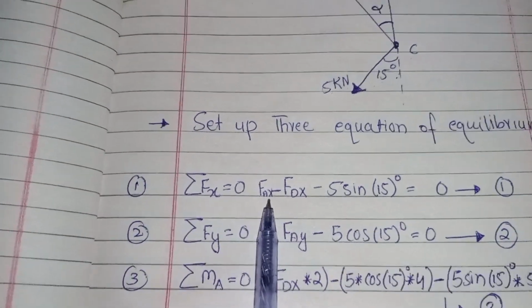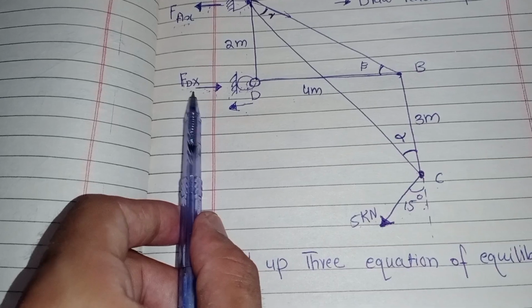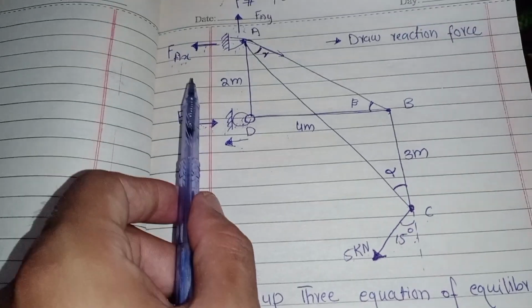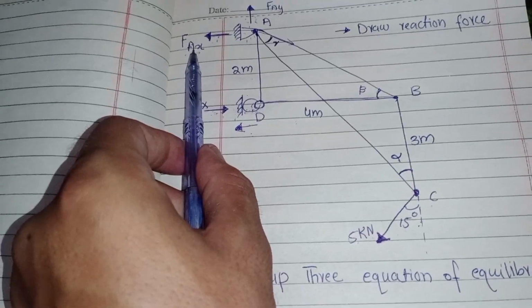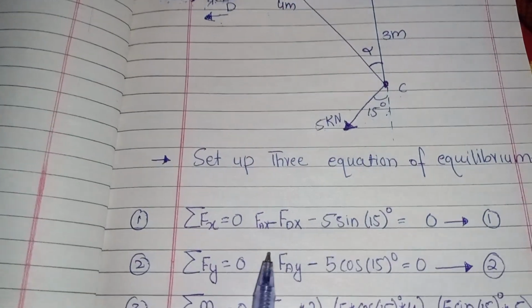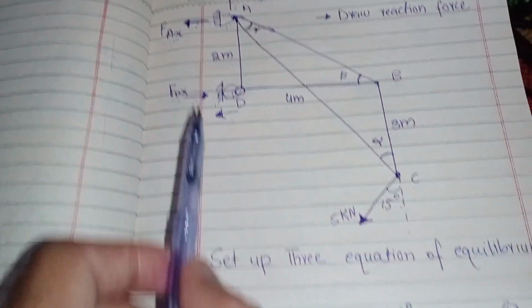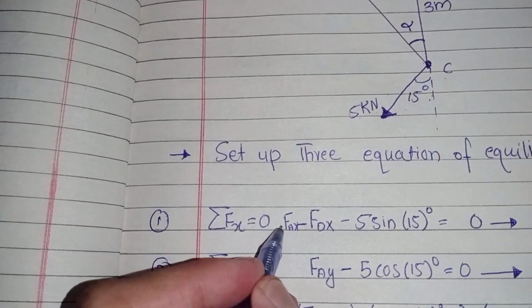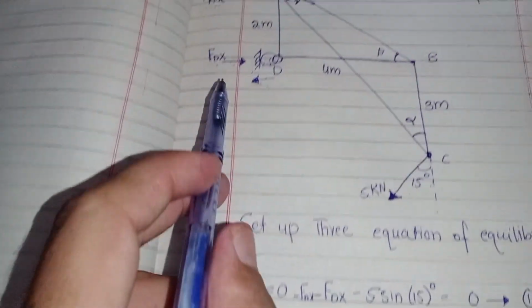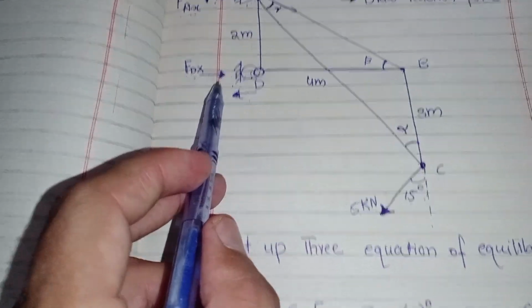So FAX, this is a horizontal force, FDX, and also this is a horizontal force. FAX is directed toward left, therefore it is negative FAX, and this is directed toward right.